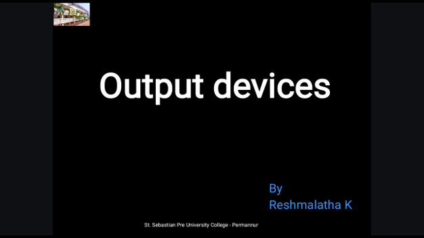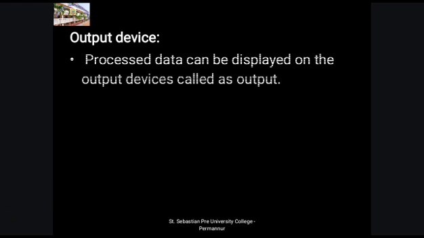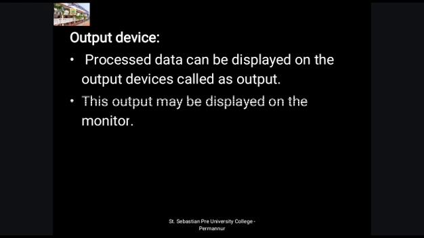What do you mean by output devices? Processed data can be displayed on output devices, called as output. Output is the result or information that is obtained after processing. The information must be presented in human understandable form.